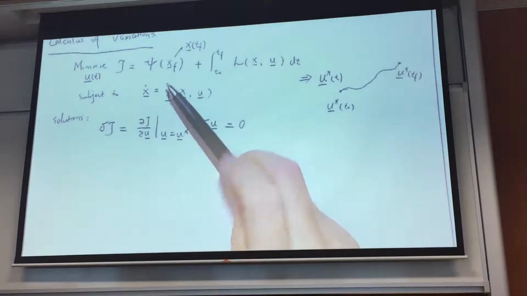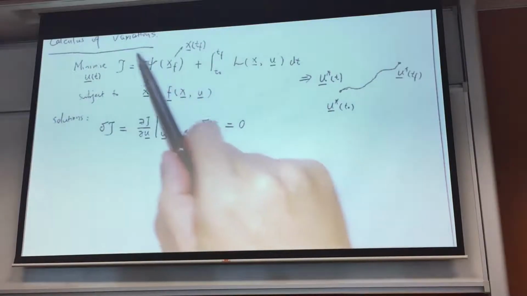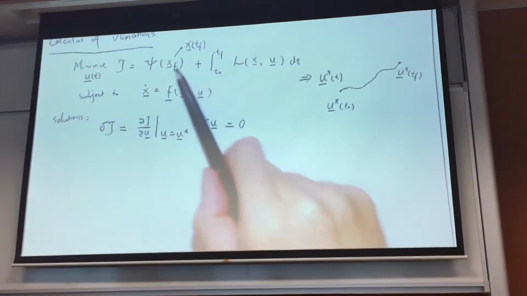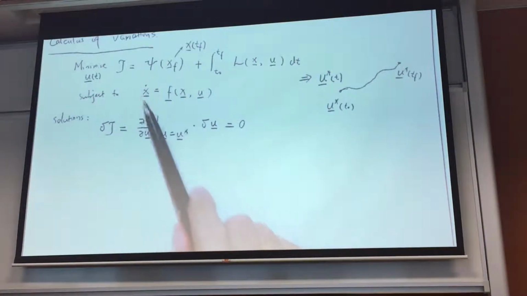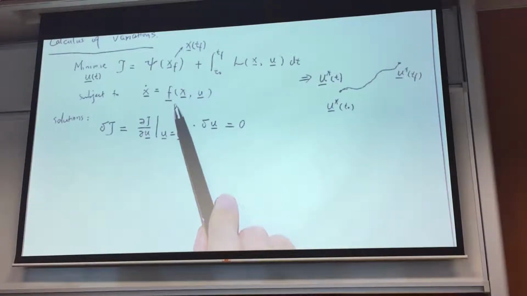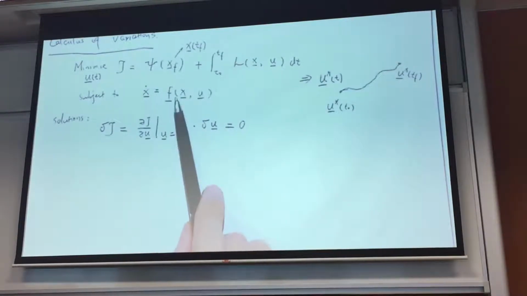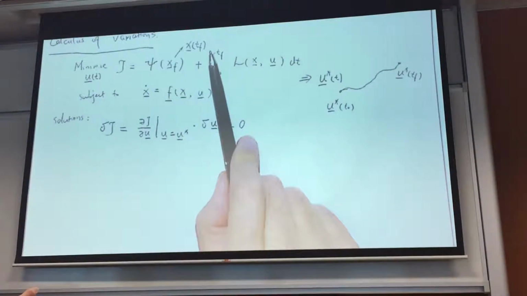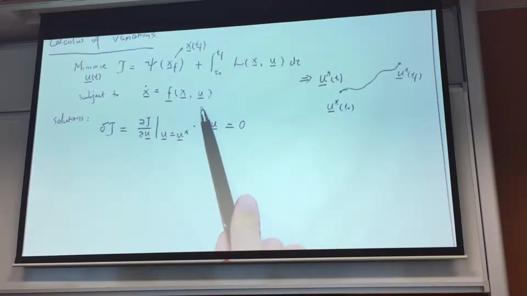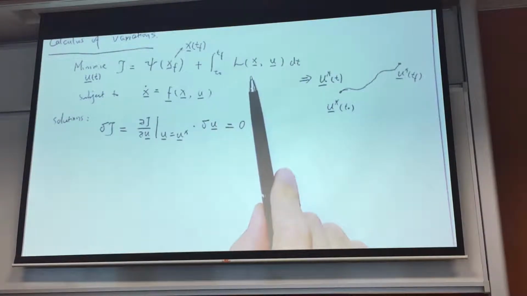So in our problem, we have this cost function and we have this equality constraint. In order to include this equality constraint into the cost function, remember that we need to augment the cost function.